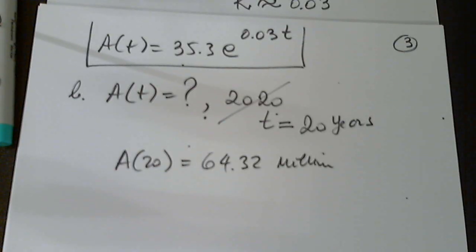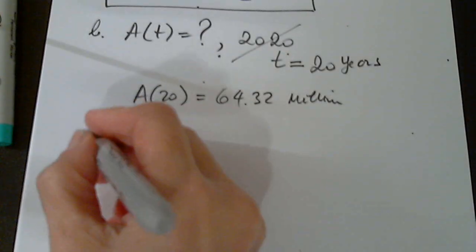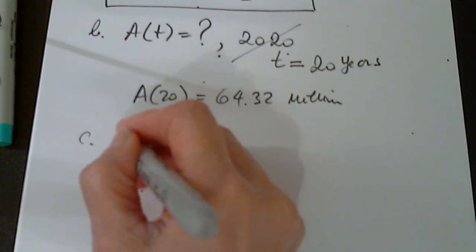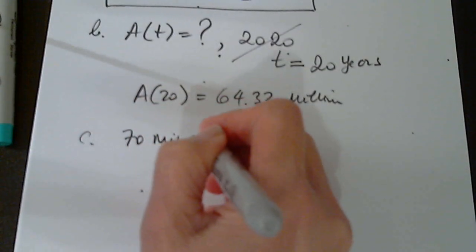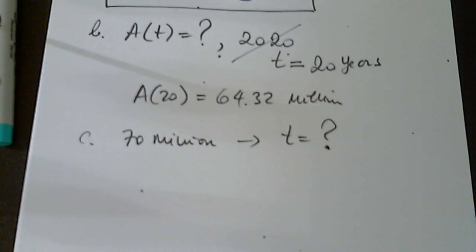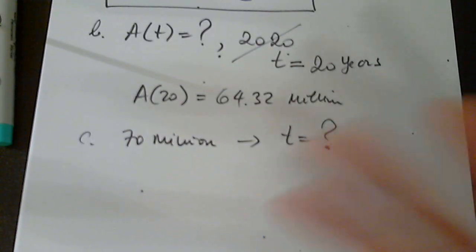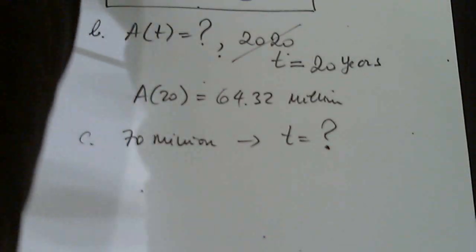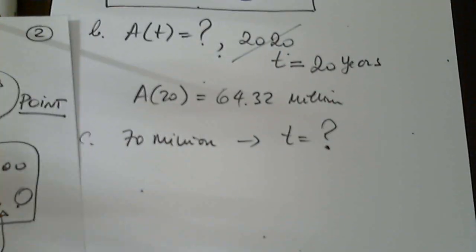When will it reach 70 million? Once I have t, I'll add it to 2000 and I'll know exactly which year. So how do I proceed?